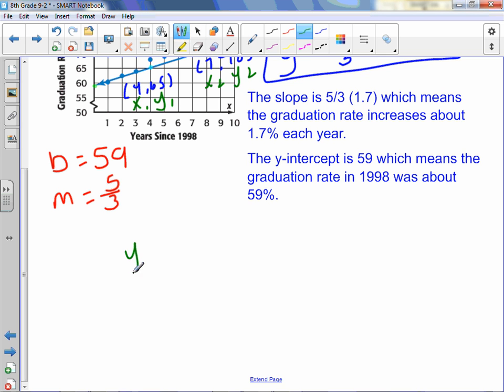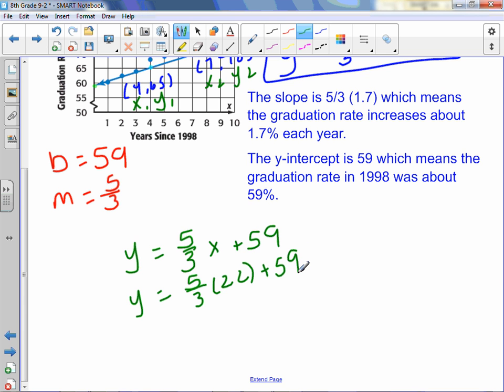So our equation, y equals 5/3 x plus 59. Let's plug in that 22. y equals 5/3 times 22 plus 59. Put it in the calculator. We get something around 96.4.